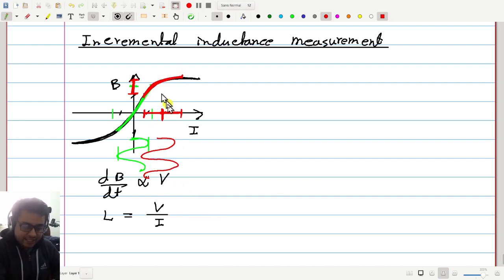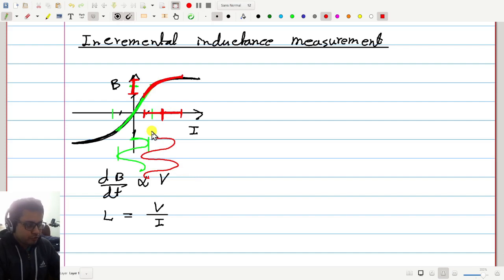Therefore in the second case inductance will be less compared to the first case. So when we have a DC offset, we will get less inductance, and this inductance is called incremental inductance. This is with respect to this DC current, this DC offset value.